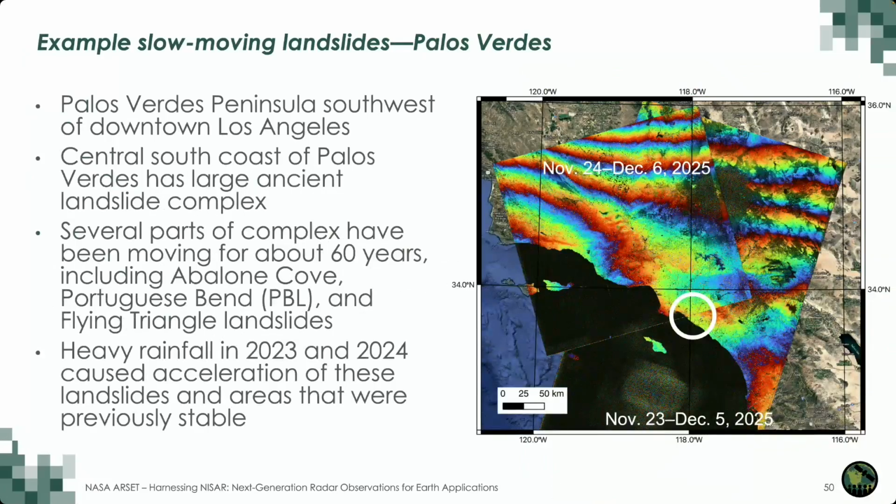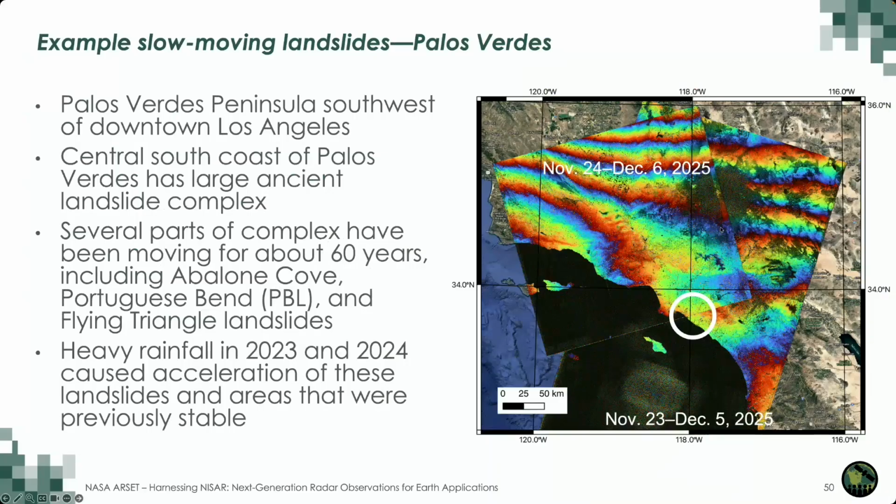These landslides are, as I mentioned, in Palos Verdes. Palos Verdes is, this circle's in the wrong place, it gets shifted a little bit. Palos Verdes is this funny little peninsula that sticks out from the coast just south of Los Angeles. Downtown Los Angeles is up here. These two black lines here are the low coherence of the LAX runways.